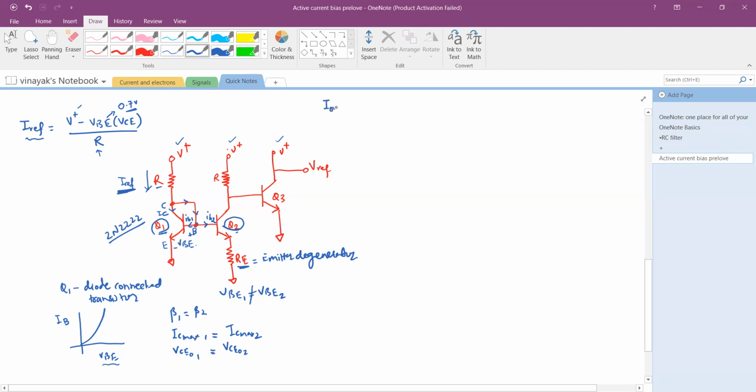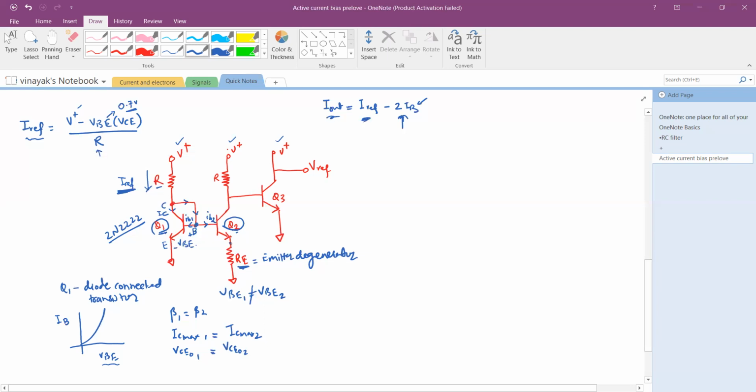Therefore, I out would not be exactly equal to I reference, rather it would be off by 2 times IB. So your current gain is not 1. There is some finite gain error due to the finite values of the base current. So the emitter degeneration resistor is added to get rid of this, so that your current can be approximated to the reference current.